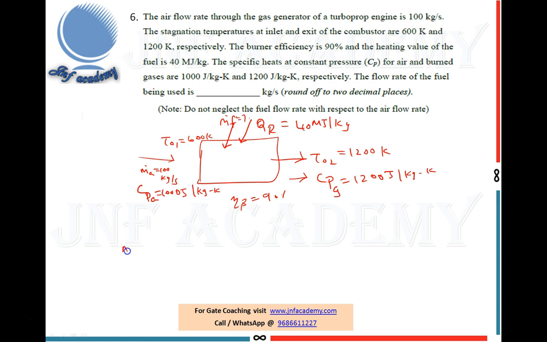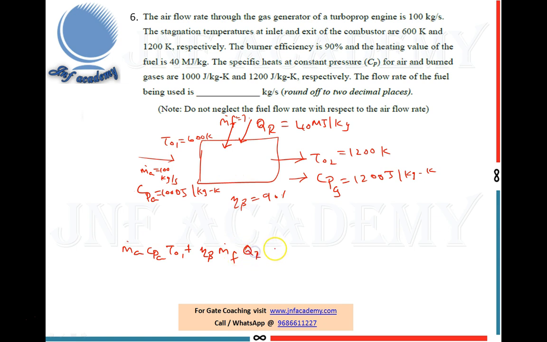It's m dot a CPA, where A stands for air, into T01, which is nothing but your enthalpy at the inlet, plus eta B, the efficiency of the burner, into m dot f, the amount of fuel that is getting added, into QR.